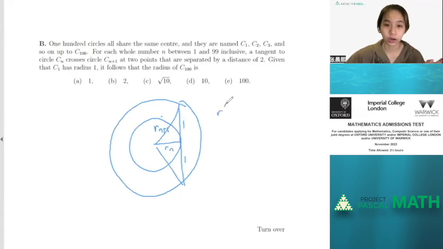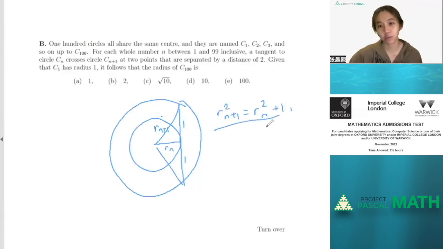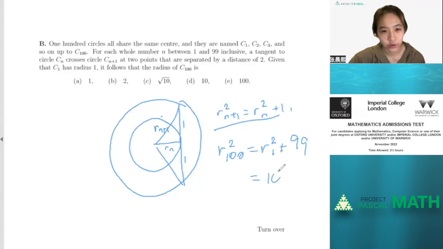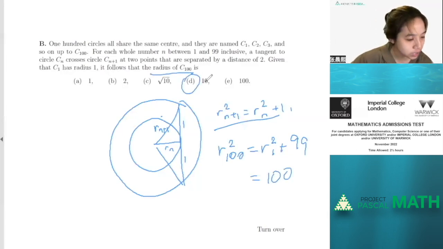And so you get R(n+1) squared equals Rn squared plus 1. Governed by this equation, you have R100 equals the square root of 1 plus 99, which is 100. And so the radius of this is 10. And so the answer is D.